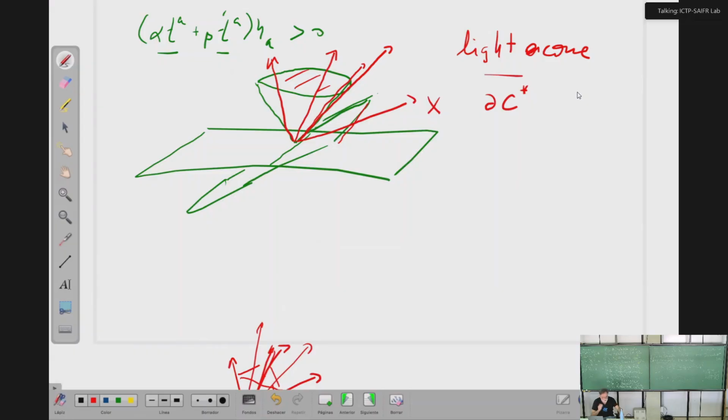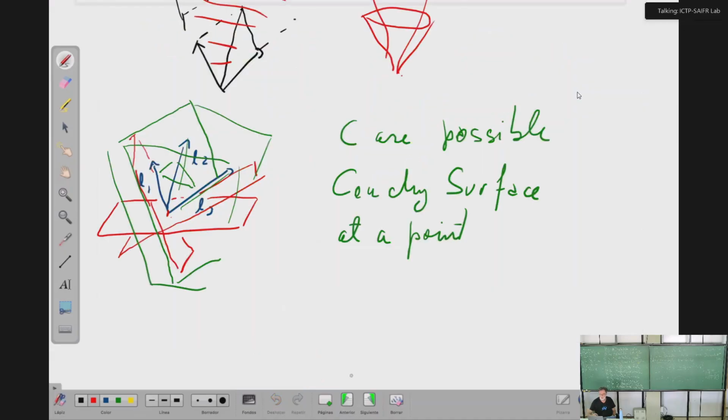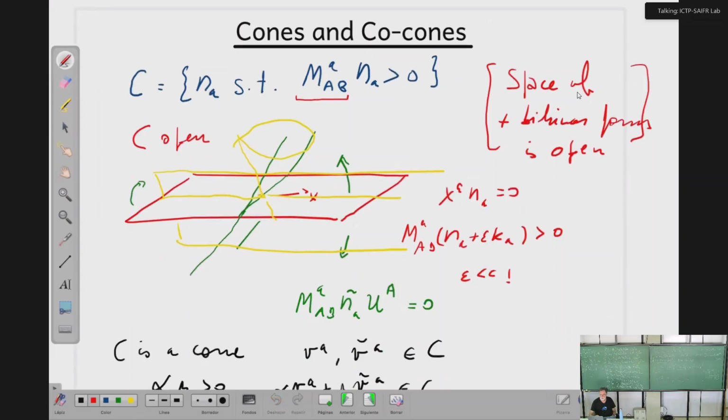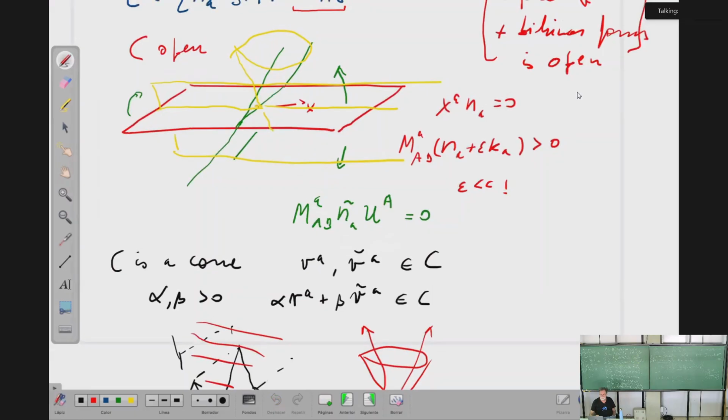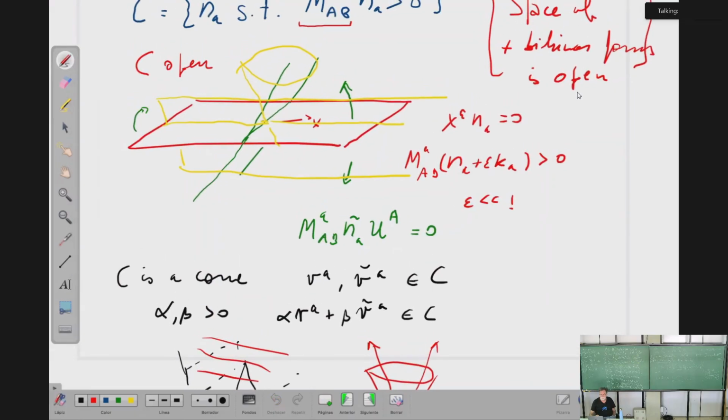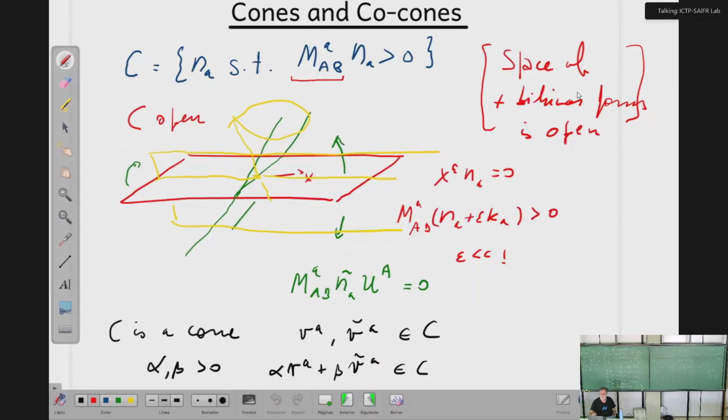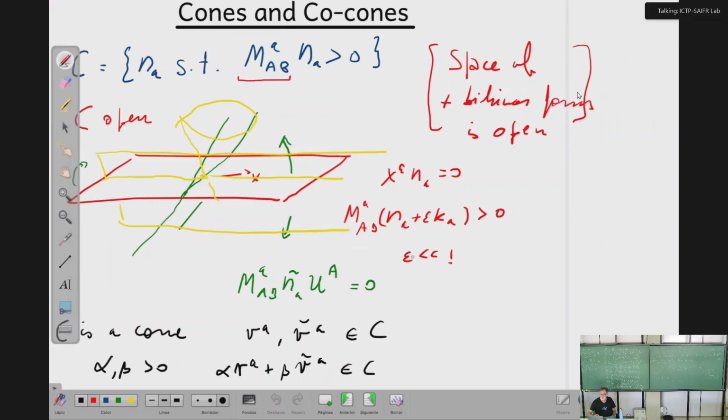It takes a while to get used to it because it's a new concept. So I don't know whether I said this here. Yeah, I didn't say that this was a cone. And this is a cone for the same reason.